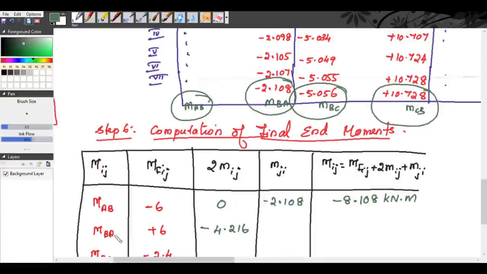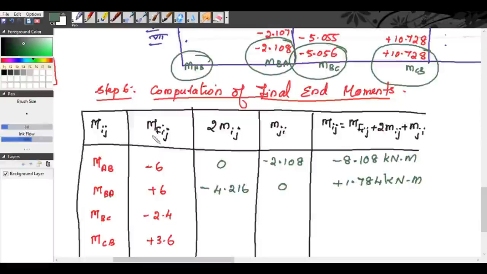Now mJI means small mAB, which is 0. So adding these three, plus 6 minus 4.216, we get plus 1.784 kilonewton meter.